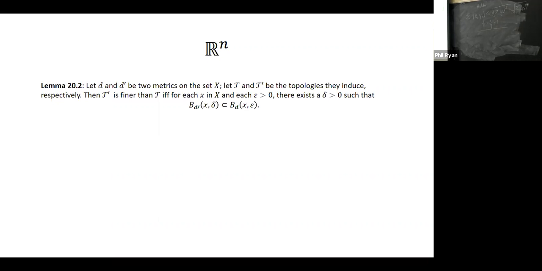Then when is one topology finer than another? Well, that's going to be the case if for every x in our set and for every epsilon greater than 0, there exists a delta greater than 0, such that there is an open set in the finer topology which is contained within the coarser topology.